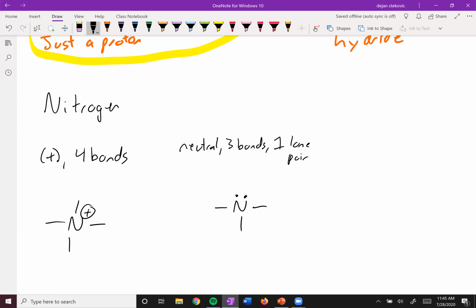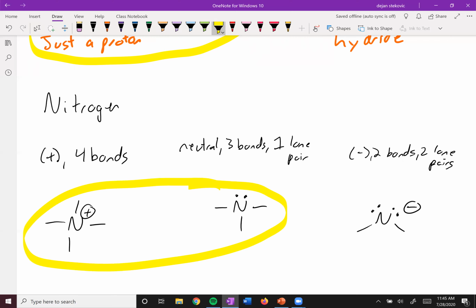Right, so positive formal charge, 4 bonds. Think about like ammonium. And then finally, it can be negative. It has 2 bonds and then 2 lone pairs. This is relatively rare, so we won't see it as often, but it will be present here and there, right? But this neutral and this positive form, we'll see quite a bit of those two.